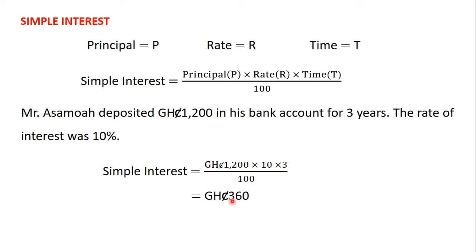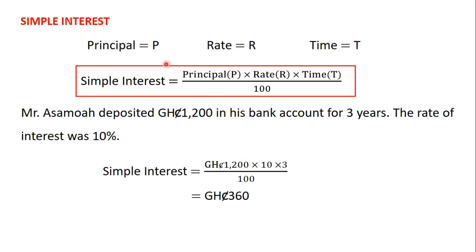And this will give us 360 cedis. So you see that we got the same answer as we had in the previous slide. So this is how to calculate for simple interest. Simple interest is equal to principal times rate times time divided by 100.